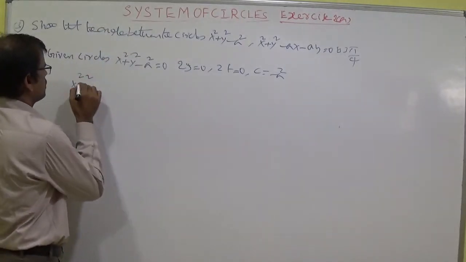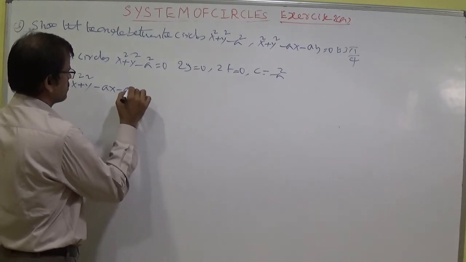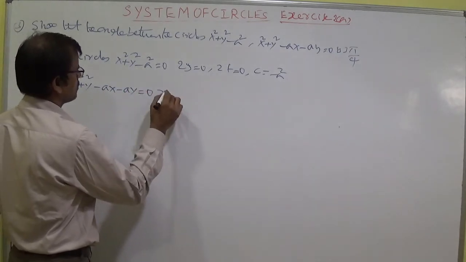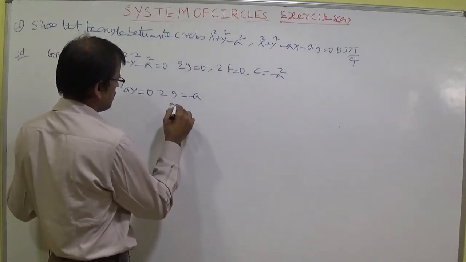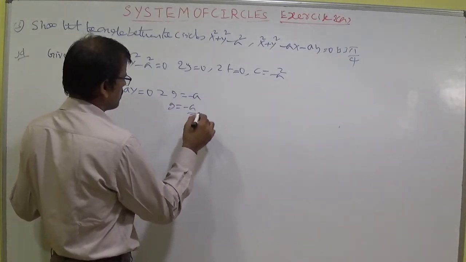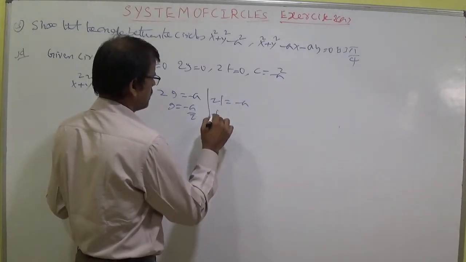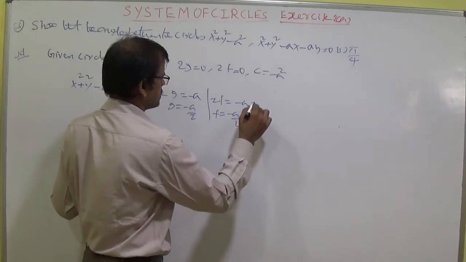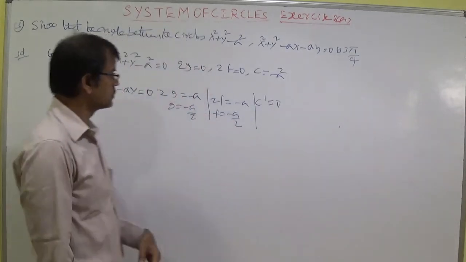Next circle, x square plus y square minus ax minus ay equal to 0. Here 2g is equal to minus a, so g is equal to minus a by 2. 2f is also minus a, f is equal to minus a by 2. C dash equal to 0.